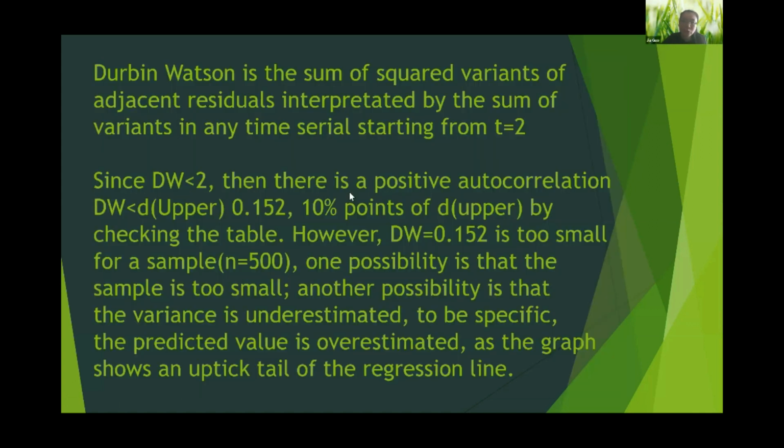And here I want to explain Durbin-Watson. Durbin-Watson is too small. One possibility is that the sample is too small. And another possibility is that our predicted value is overestimated.